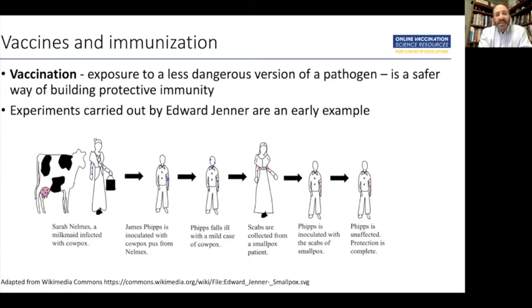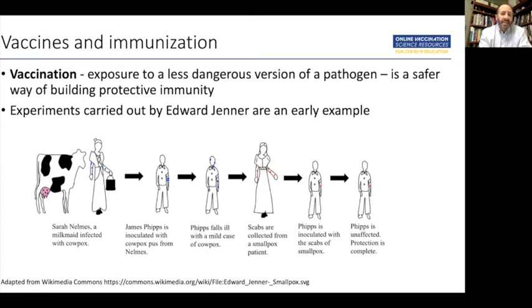Vaccination is exposure to a less dangerous version of a pathogen, and it's a safer way of building protective immunity. Among the more famous examples are those experiments carried out by Edward Jenner using cowpox, which is a pathogen that is related to smallpox, smallpox being the first disease to be completely eradicated in the world, thanks to approaches like this. So an example of how this works is that someone who is infected with cowpox becomes the source of material in order to vaccinate or inoculate someone.